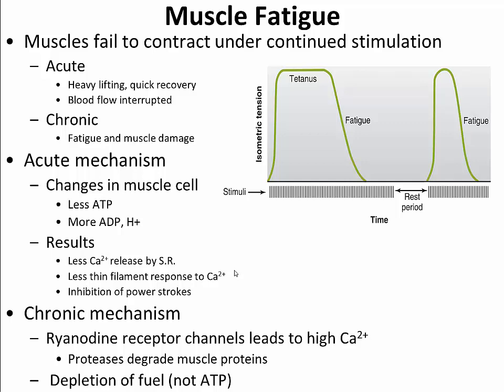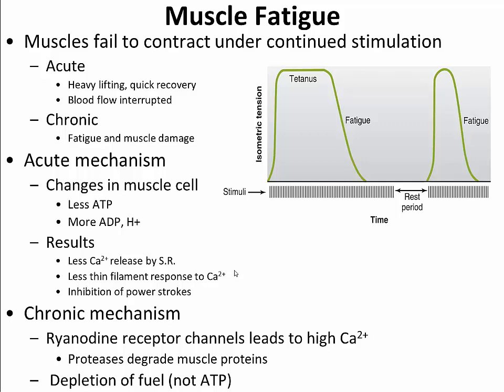That's a good example of acute fatigue. We have muscle that's contracting rapidly, very suddenly, and then there's a quick recovery after that. Although the contraction that's possible may not be quite as intense as the original contraction, recovery does occur in a relatively rapid manner.